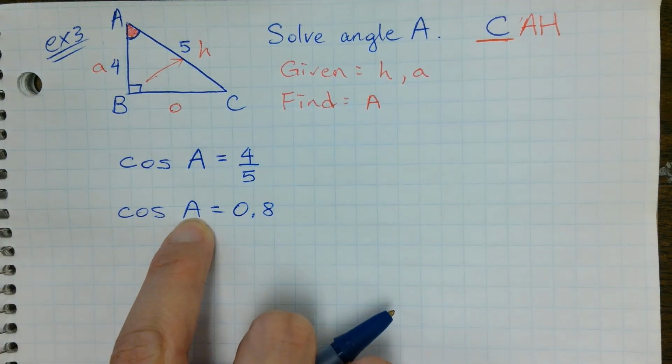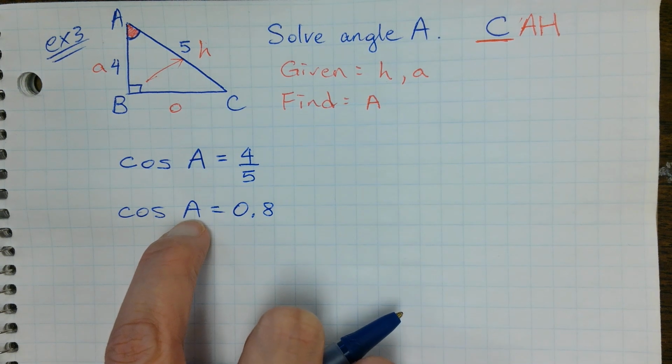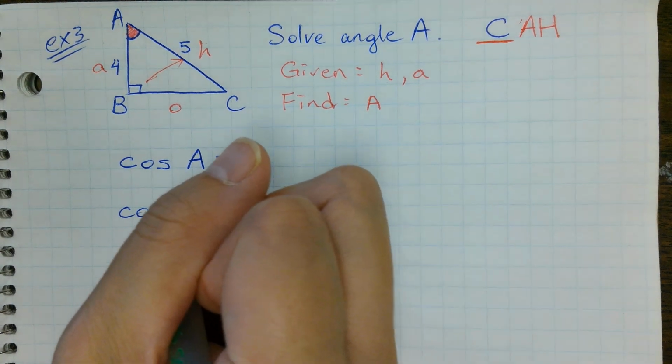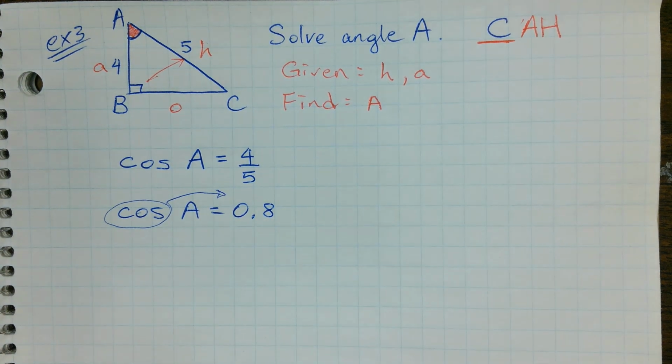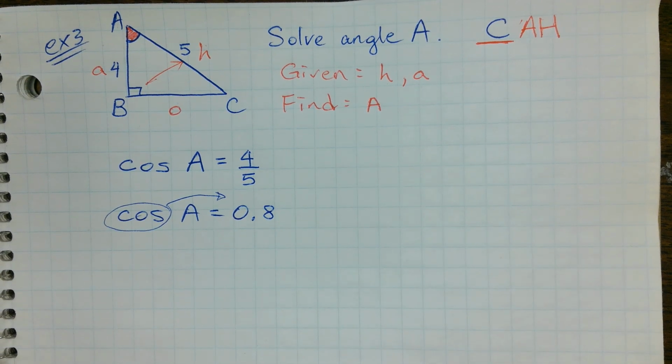Right? Remember, we're trying to solve for A, so that means we have to move the cosine over. Okay. What's the opposite of cosine? No, the opposite of cosine is not sine. I know somebody must be thinking that. Take a look at your calculator.